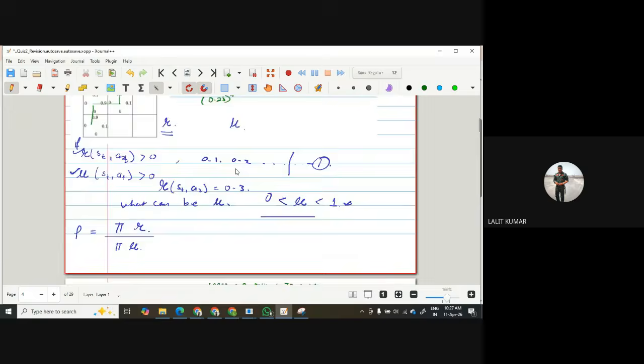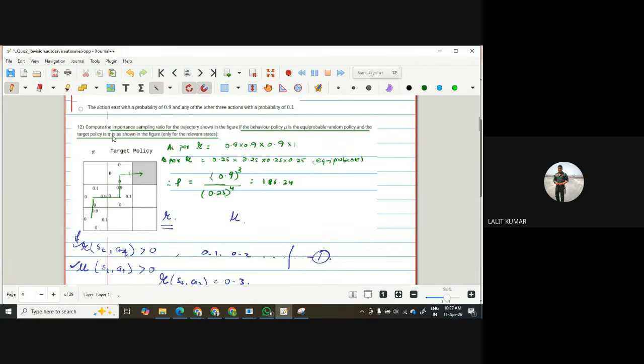Now with this, we approach this question. In the question, they have given: compute the importance sampling ratio for the trajectory shown in the figure if the behavioral policy is the equiprobable random policy. So this is a very, very important thing, equiprobable. It means all the actions can be taken with 0.25. And the target policy is pi as shown in the figure. So see, this is the target policy. This is the terminal state. So here we start. This is 0.9, again 0.9, again 0.9 and 1.